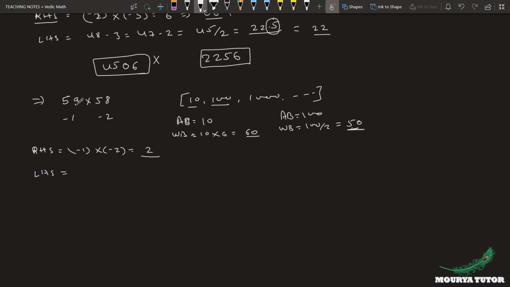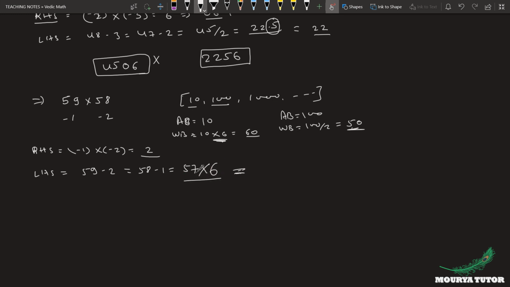Let me find out the LHS. Either we need to do this crosswise subtraction here, 59 minus 2, or you can do 58 minus 1, you will get 57, right? Now we need to do some modification with the LHS, because we did it with the actual base also. So what we did here, we did the multiplication, so we need to multiply it with 6.